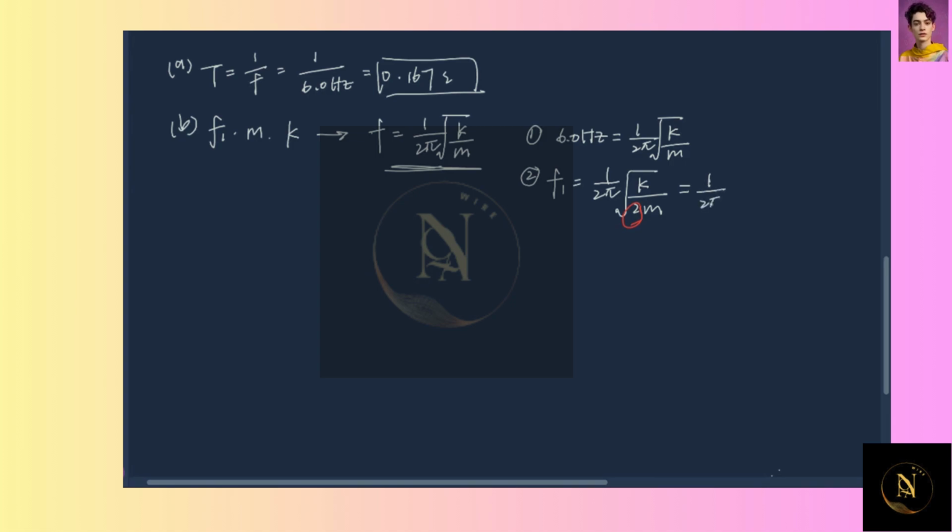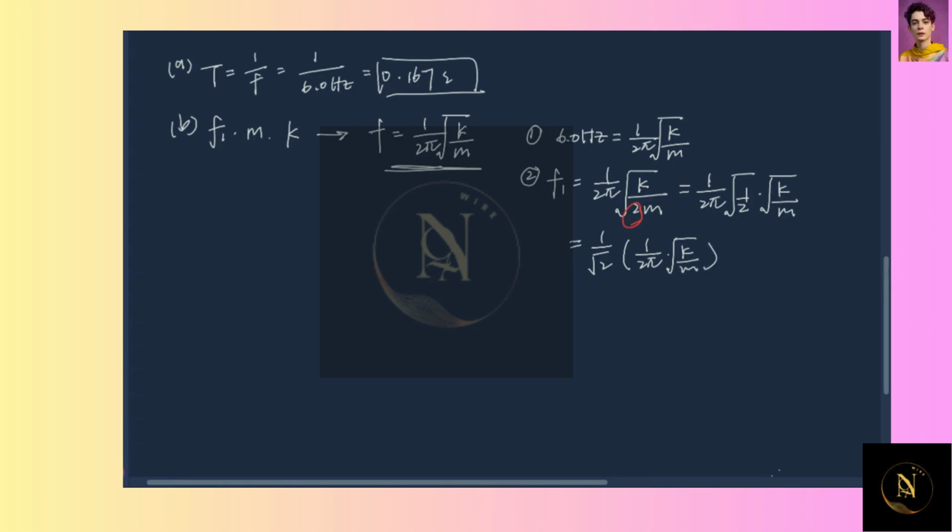So 1 over 2 pi times the square root of k over 2m equals the square root of 1/2 times the square root of k over m. And then we can do it further by putting the square root of 1/2, which is 1 over the square root of 2, at the front of the equation, and it's going to be looking like this.